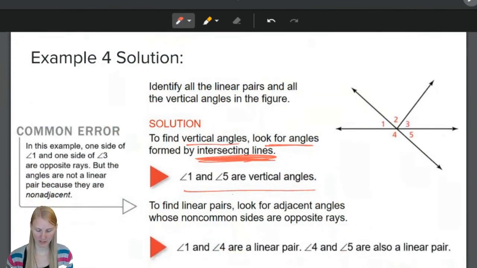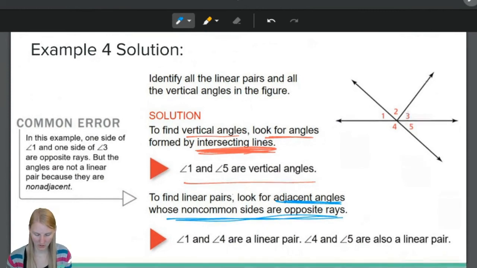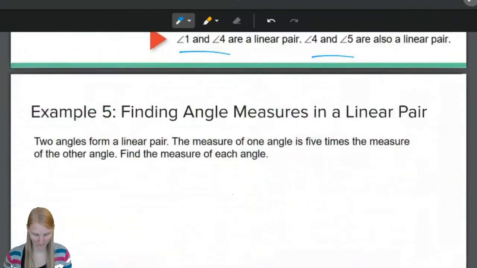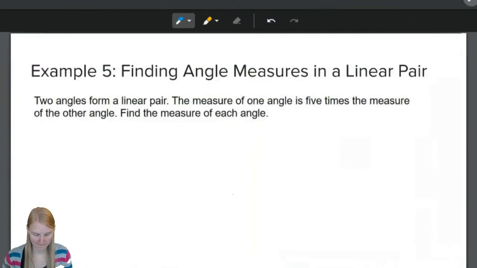Excuse me. Now for our linear pairs, we looked for adjacent angles. Adjacent angles that make a line. That's what this means. Non-common sides or opposite rays, they make a line. So 1 and 4, 4 and 5, that's what we said. Booyah! Got it right.